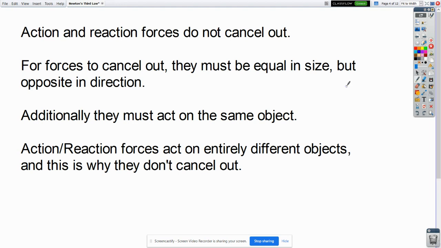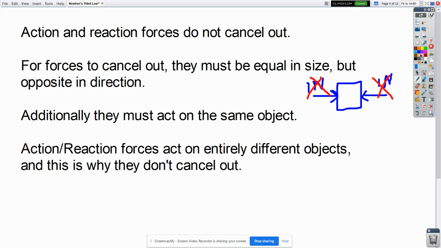If I had a single object with a 1 Newton force acting to the right and a 1 Newton force acting on it to the left, these would cancel out. They're equal in size, they're opposite in direction, and they are both acting on this same object.